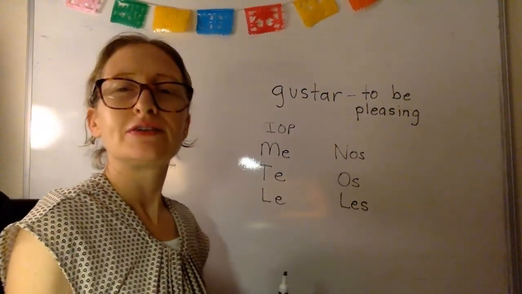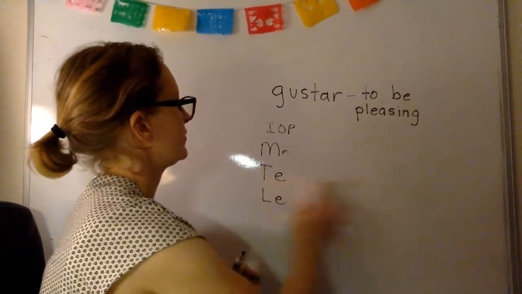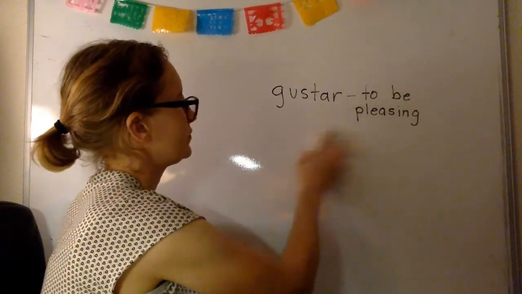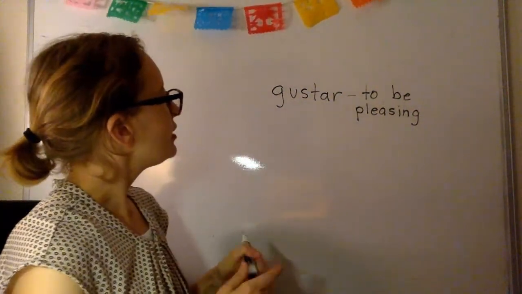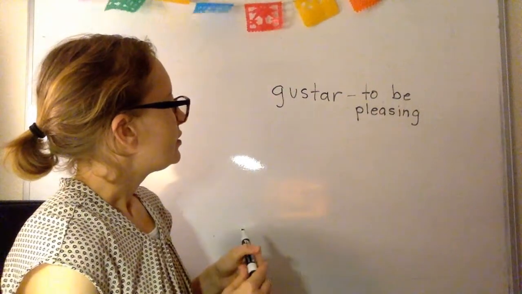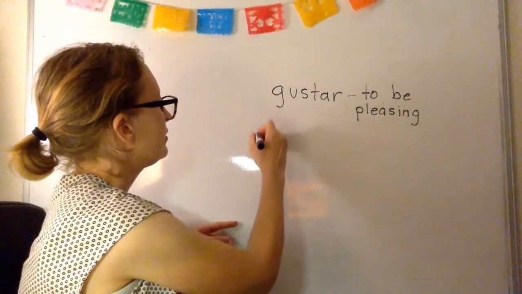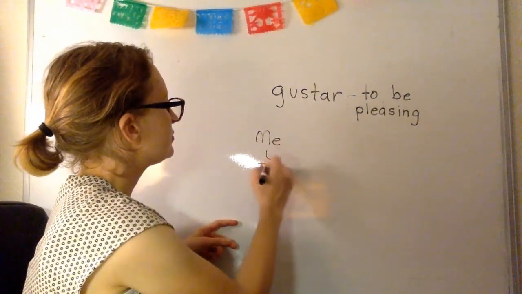Okay, so let's try saying the book is pleasing to me. Now we said to me is me. Me means to me.